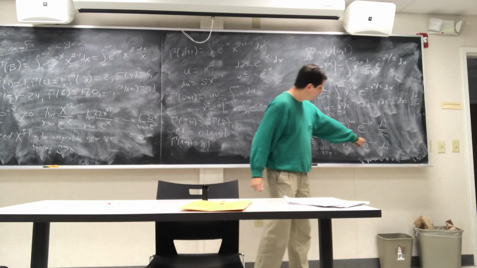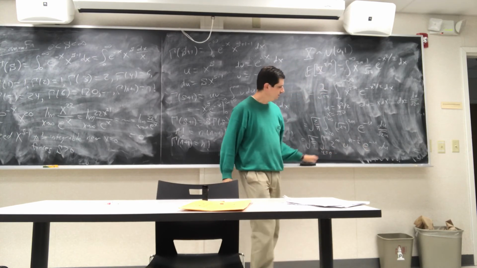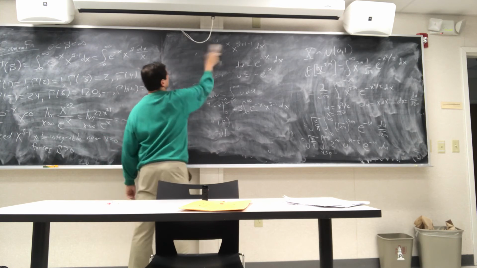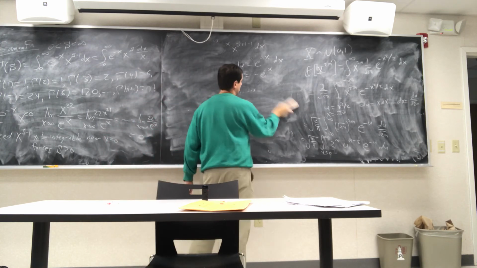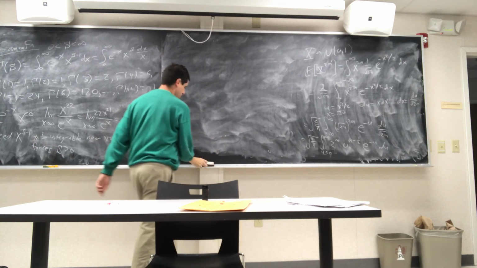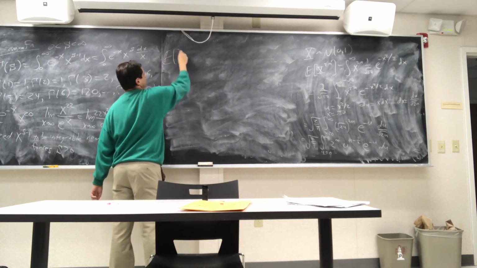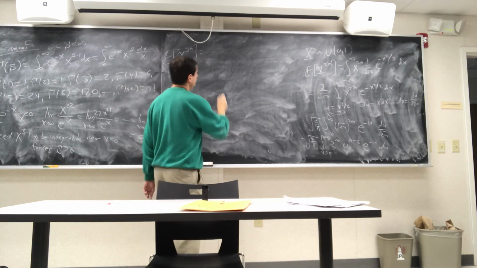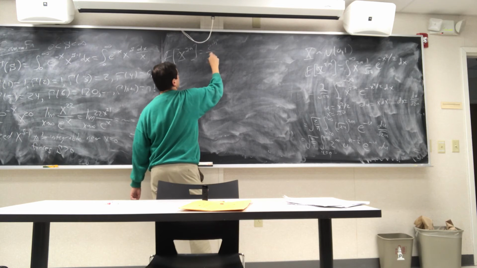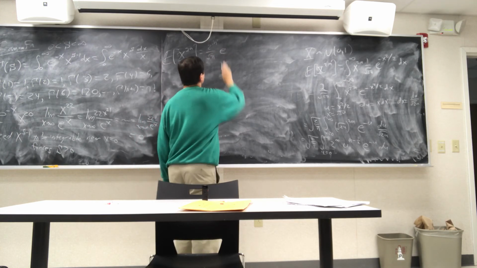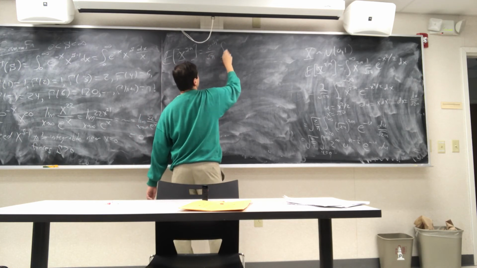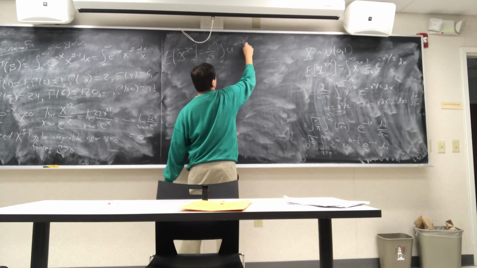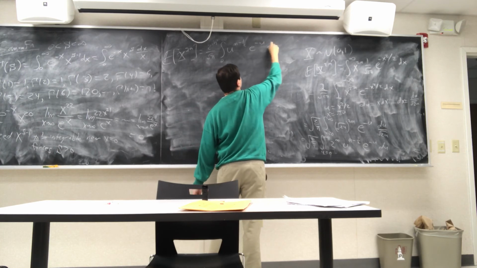All right, what does this look like? So we've got the expected value of x to the 2m is, I can pull out the 2 to the m over square root of pi, and we have an integral from 0 to infinity of u to the m minus a half, e to the negative u du.